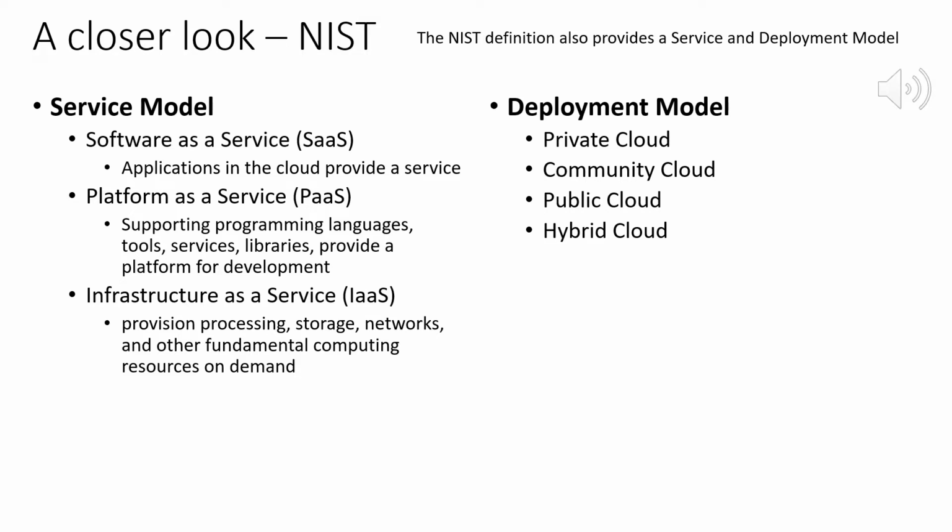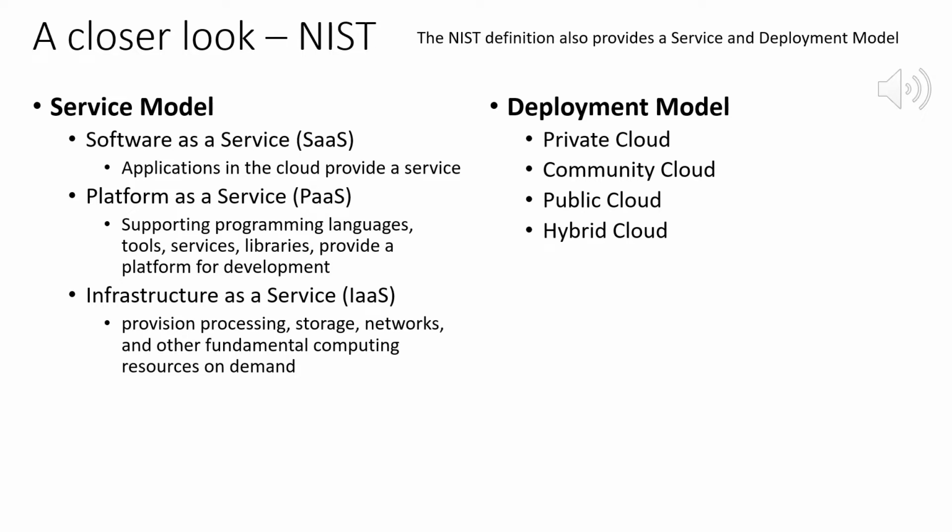Platform as a service, in which supporting programming languages, tools, services, and libraries are included to provide a platform for development as a service. Infrastructure as a service means that we can provision processing, storage, networks, and other fundamental computing resources on demand.